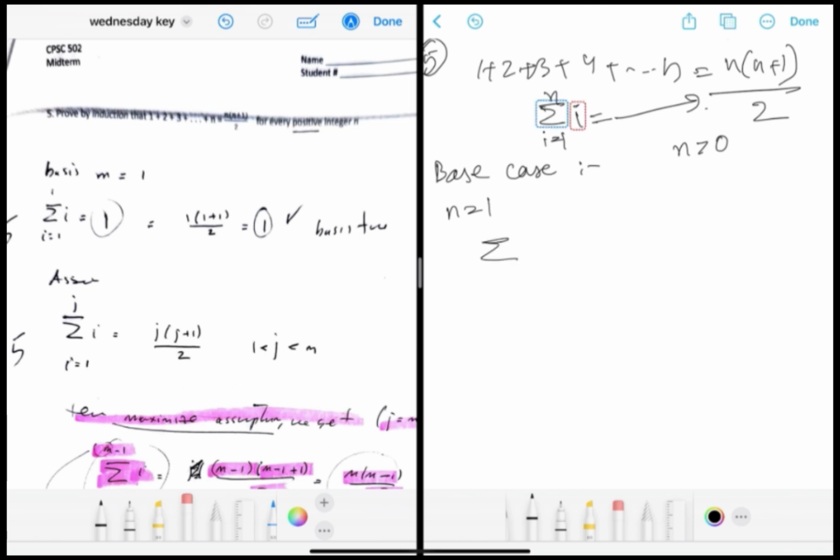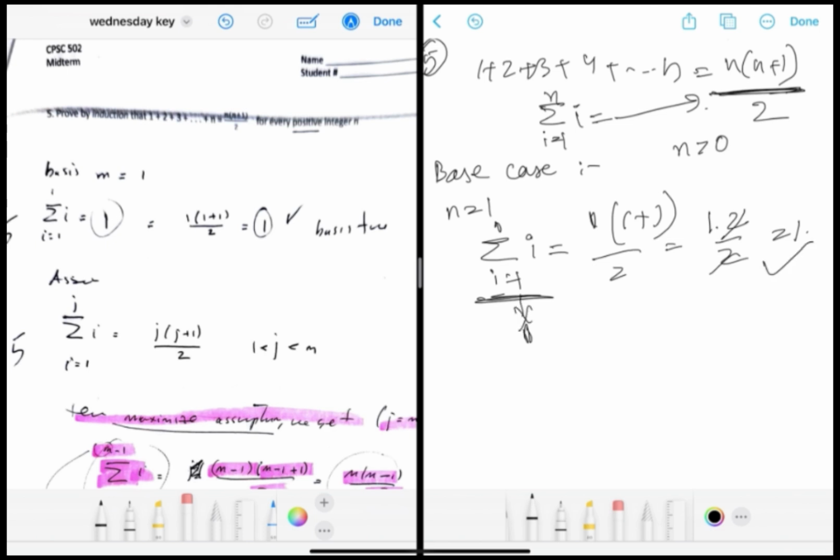So for sigma I equals 1 to 1, if we substitute 1 here, 1 into 1 plus 1 by 2 is equal to 1 times 2 by 2, which is 1. And also, if we know by the manual method, it is just going to be 1.